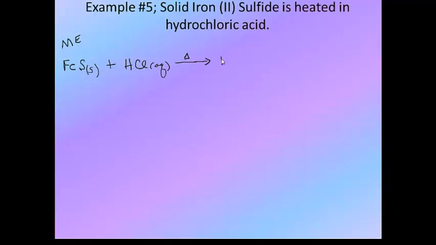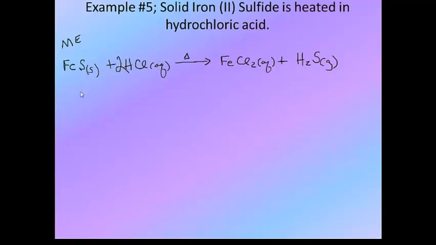I get iron 2 chloride, and it's soluble because of the chloride based on solubility rules, and H2S gas. We have to balance it, so I'm going to put a coefficient of 2 here, and that's all I need for balancing.